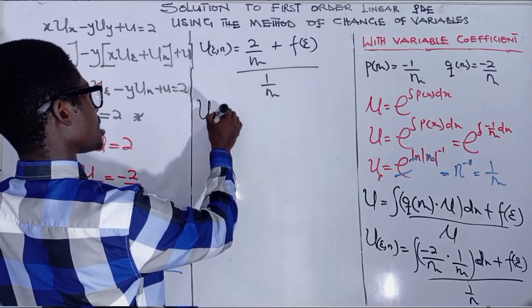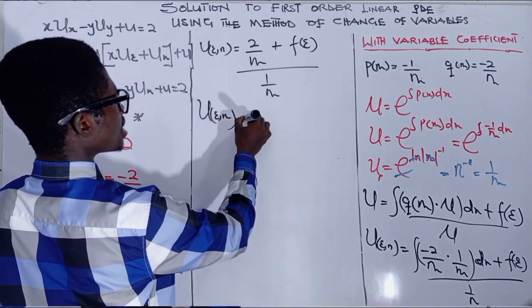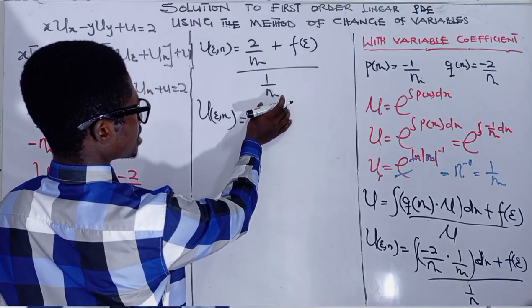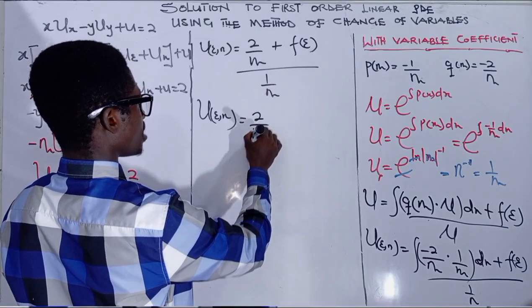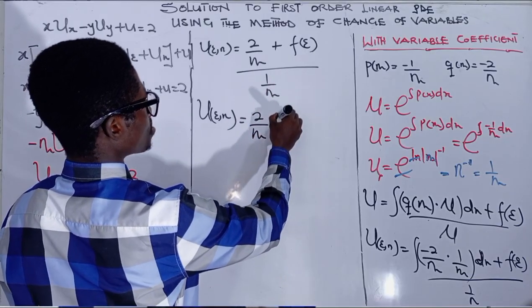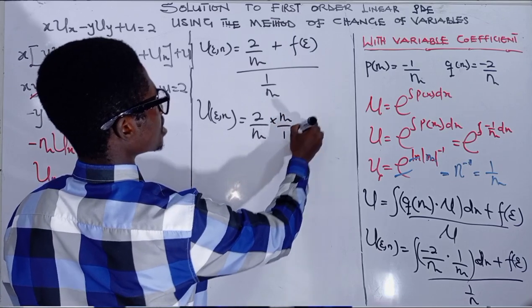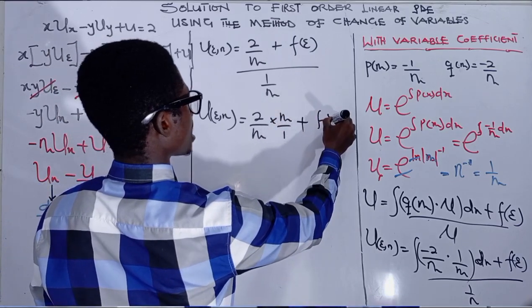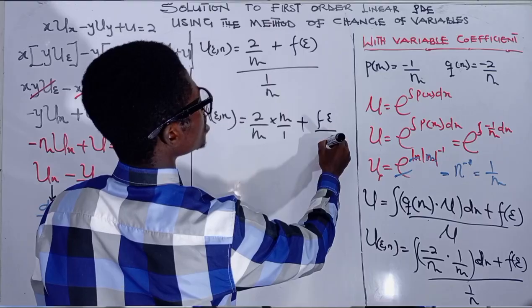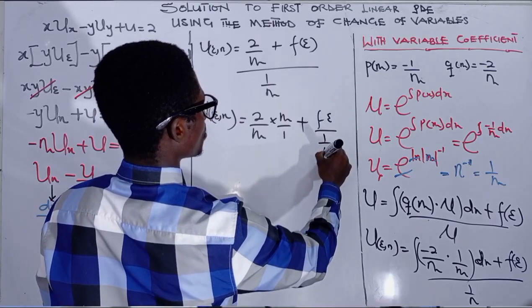So we have u xi eta is equal to 2 all over eta multiplying eta over 1 plus a function of xi all over 1 all over eta.